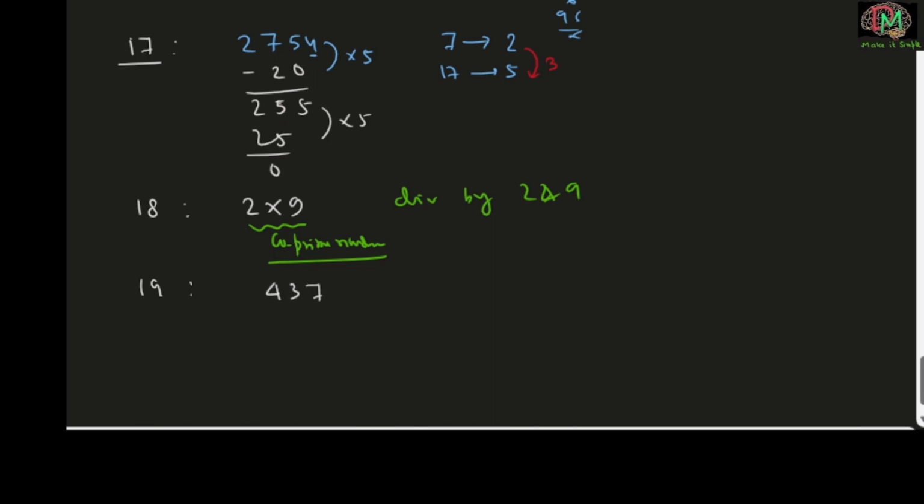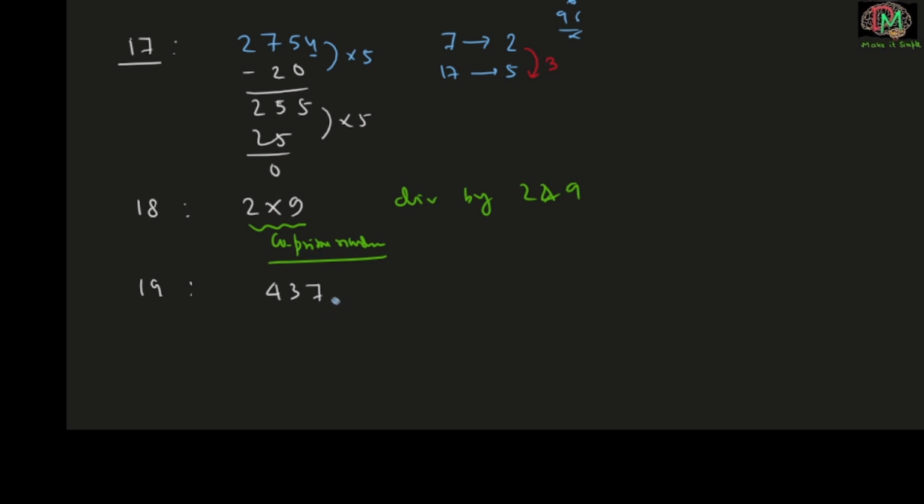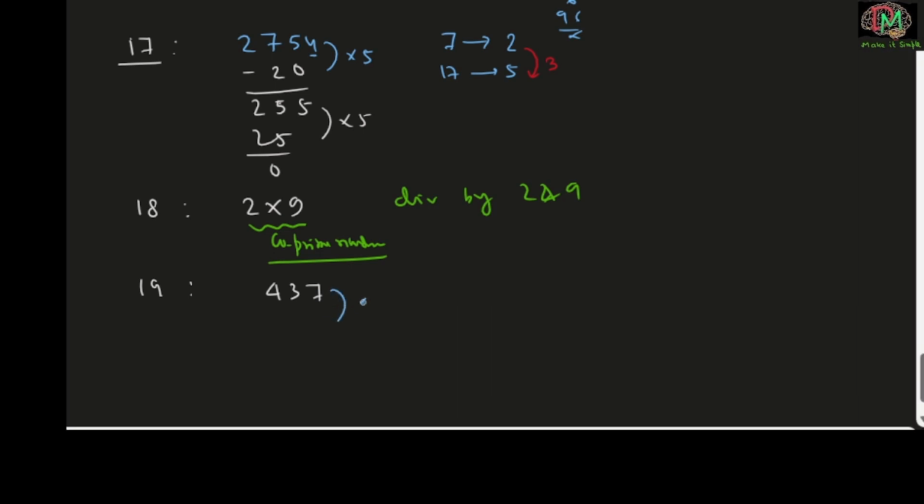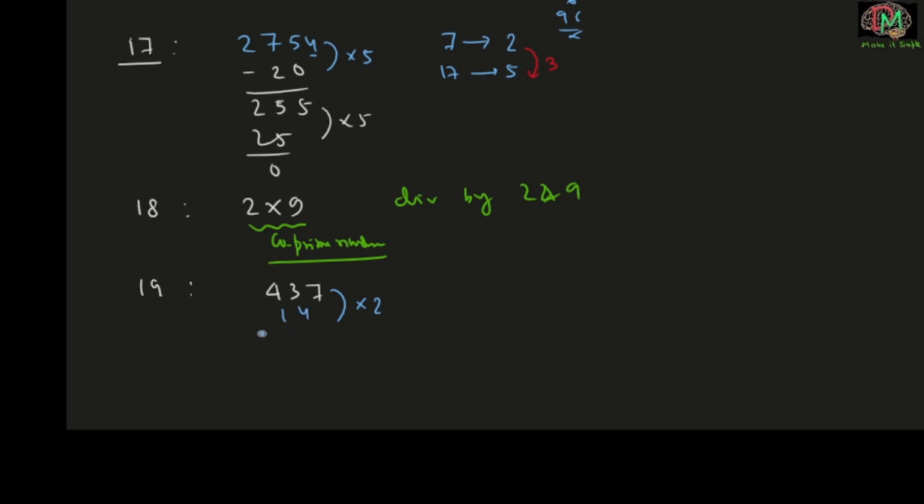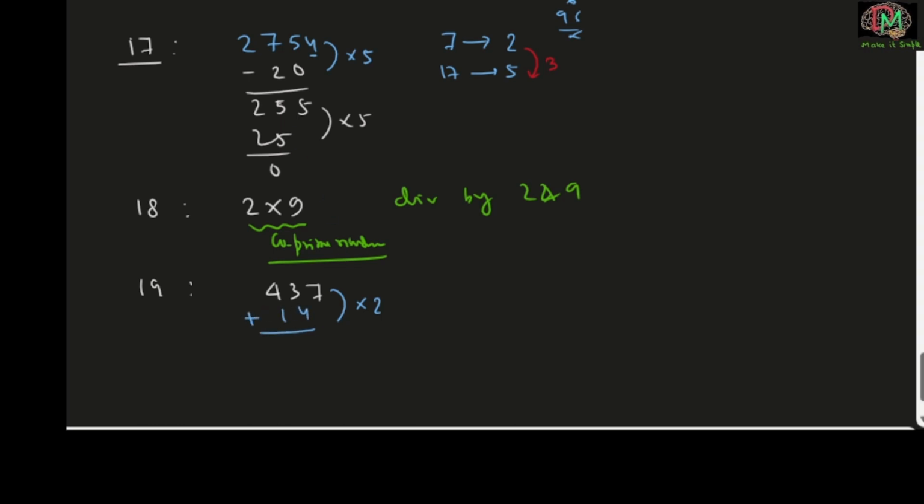437. For 7, the rule we followed was to deduct, but here we multiply the last digit by 2, which gives 14, and here we add. It is very important, here we are adding. So it is 43 plus 14, which is 57.